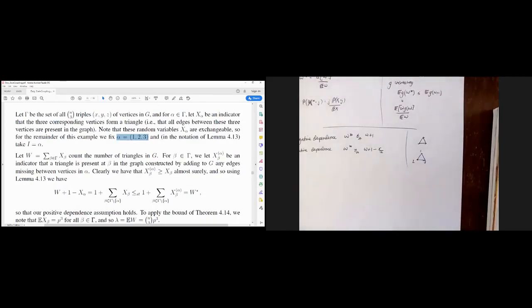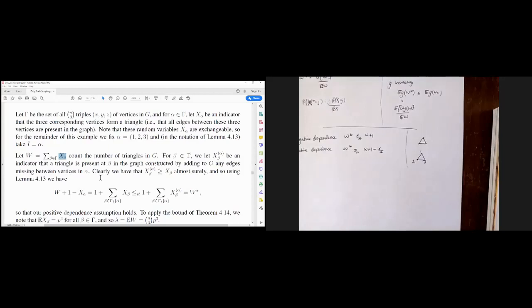But once I do that, I'm intuitively in a positive dependence setting, because adding edges to my graph might make more triangles as well. I can't possibly get rid of any triangles that are already there, but I might add more of them. So all I can possibly do is make all of my other X's bigger, because I might turn those from a 0 into a 1 by completing some other triangles as well.